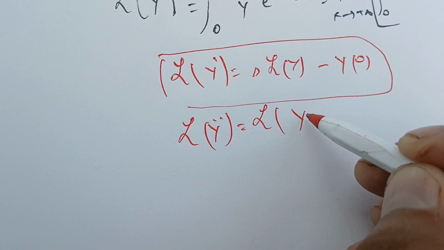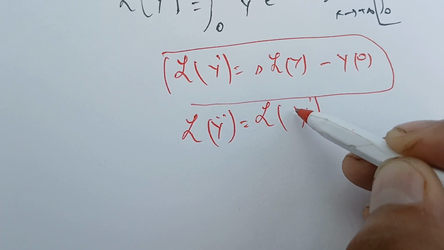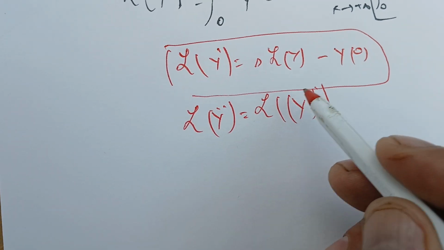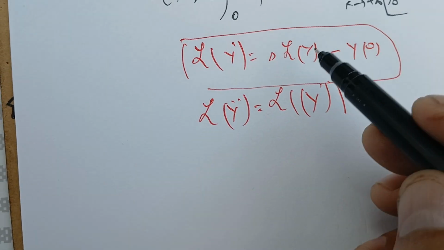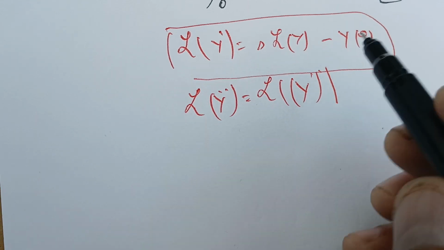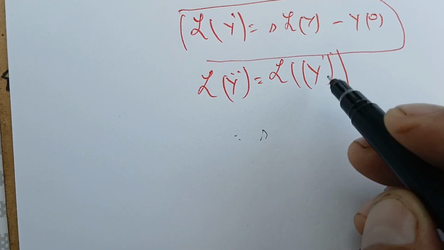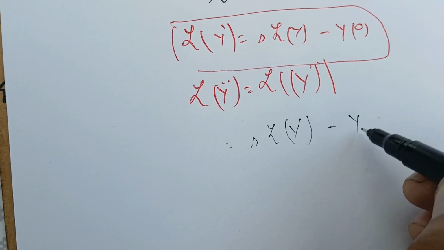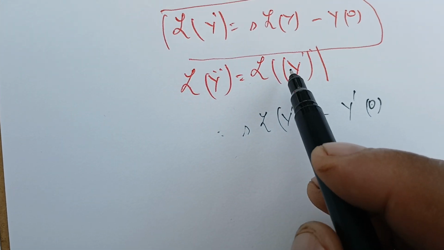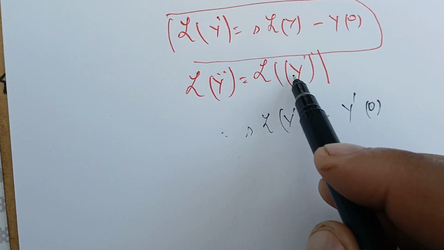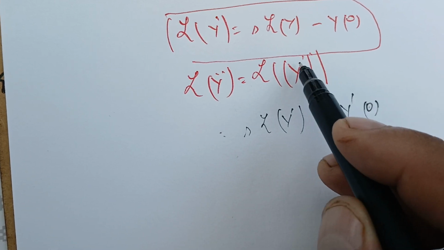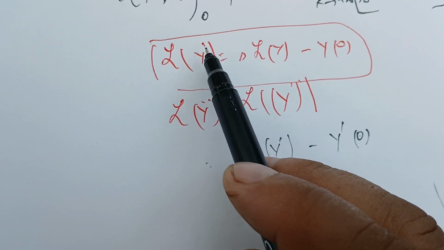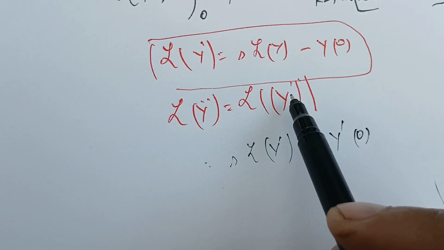So it's going to be the Laplace of the derivative of y'. When we apply this result here, we get s Laplace of y' minus y'(0). We are applying the result we got for y' here.